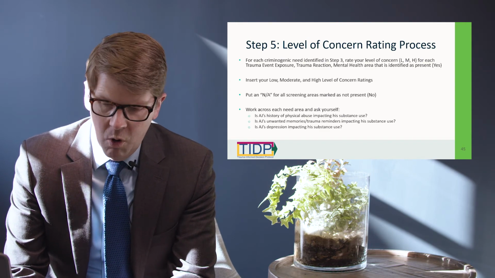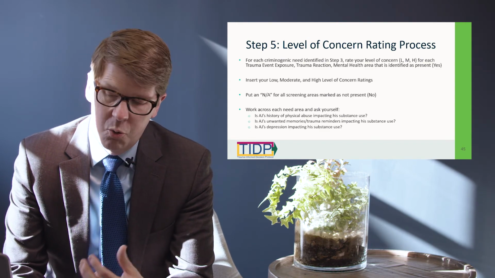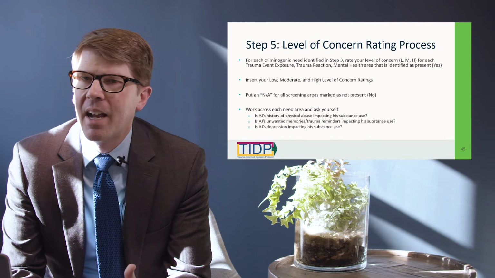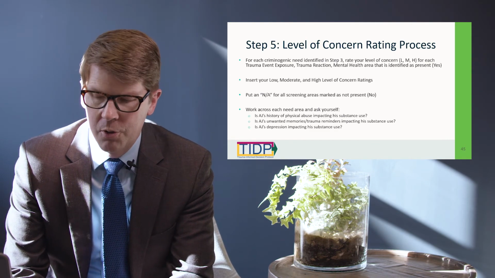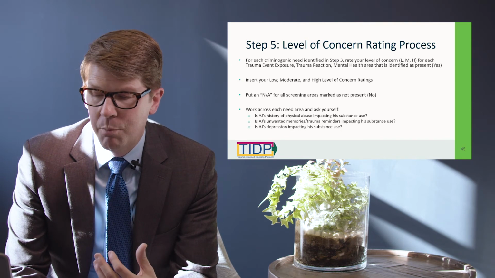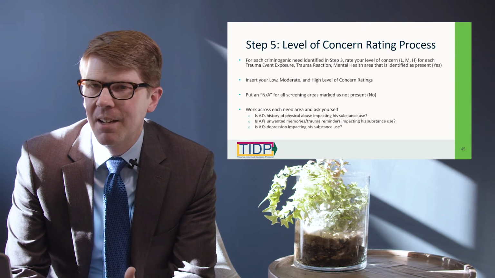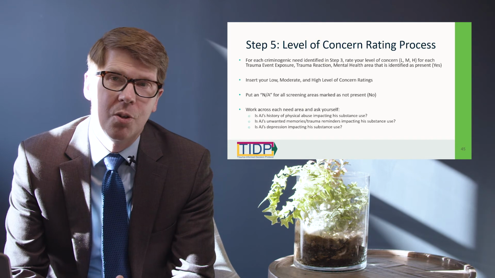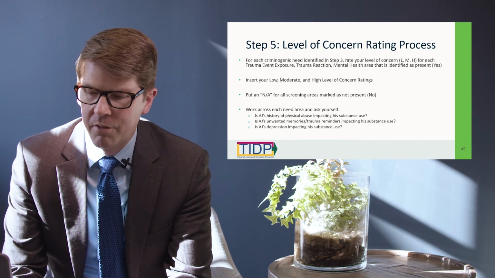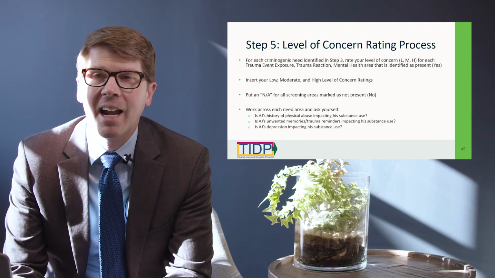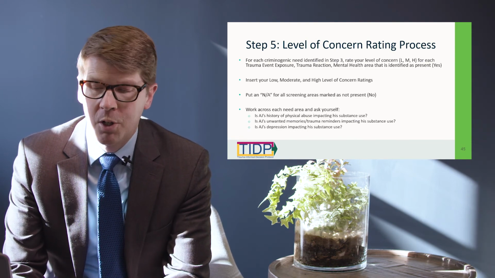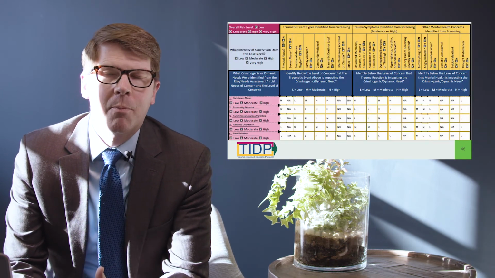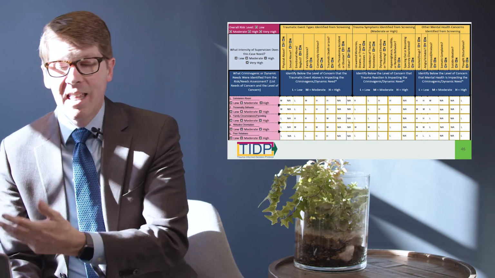Is AJ's unwanted memories, his trauma reminders, impacting his substance use? What's my level of concern about that? Low, moderate, or high? And is AJ's depression from the MAYSI impacting his substance use? I'm going to put my level of concern as low, moderate, or high. Once you work through this for all 5 of AJ's criminogenic needs, you end up with a grid that looks like this.